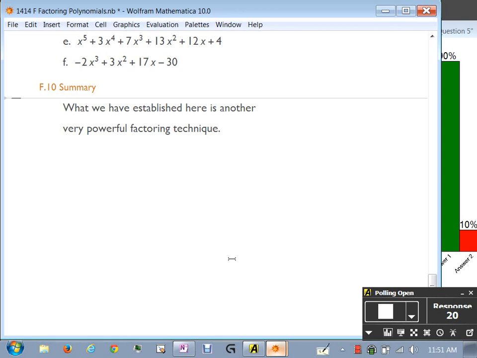Polynomials, this process. Now we get to our third to last type of function. We only have 3 more to go as far as the things that we're going to be able to graph in this class. Rational functions, exponential functions, and logarithmic functions. Exponentials and logs are usually easier than the rationals. Rationals are by far the hardest, okay?